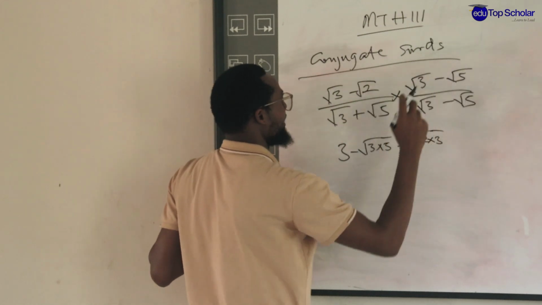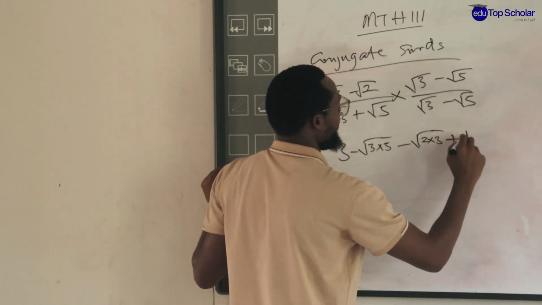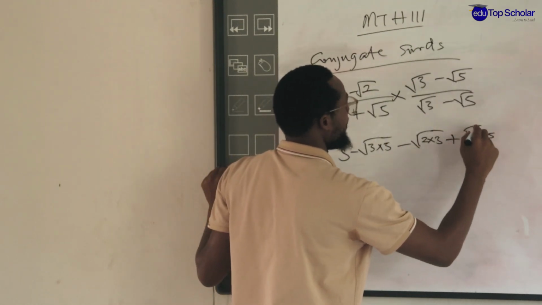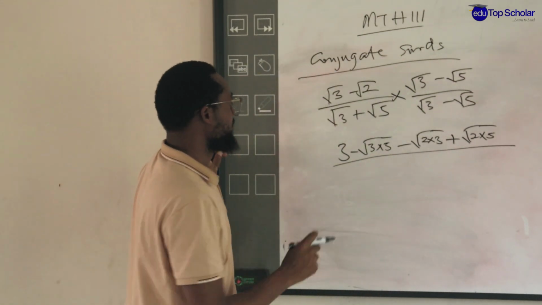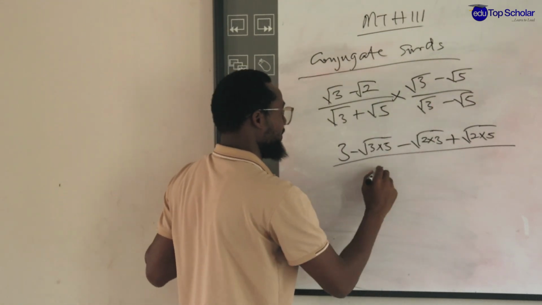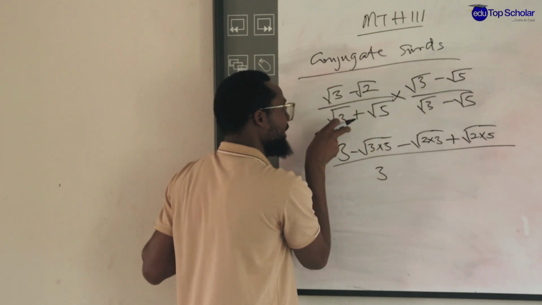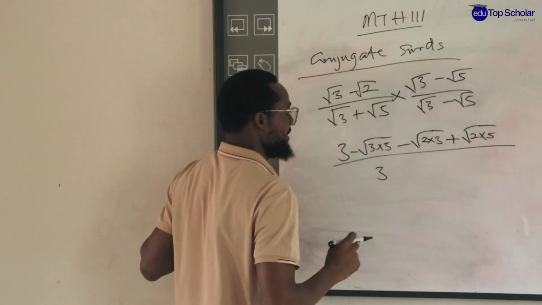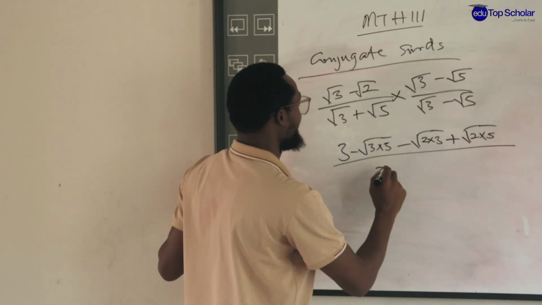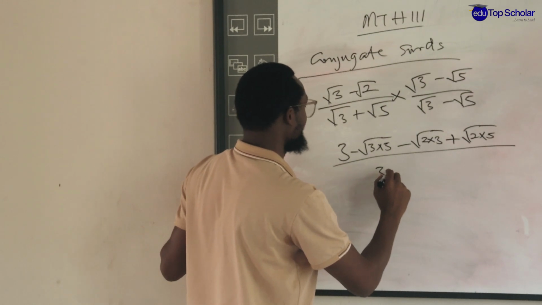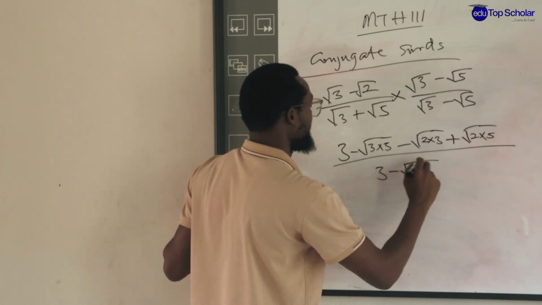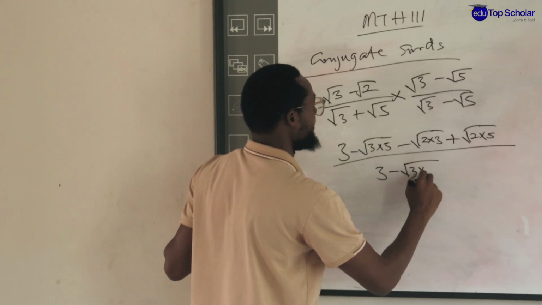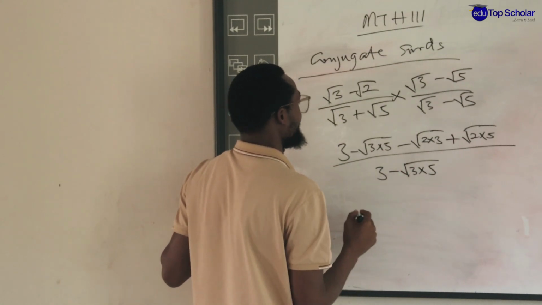And this guy by this guy, we have plus root 2 by 5, that is root 10. Over the denominator, 3 by 3 is 3. Root 3 by minus root 5 and root 3 by root 5 cancel, that's the beauty there.